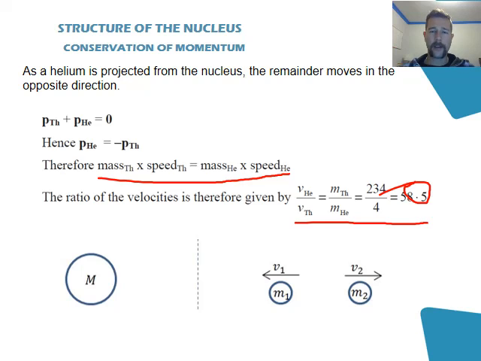Now if we remember our kinetic energy formula, K equals half mv squared, now the v, being velocity, plays an important part, and as the velocity of the helium is a lot greater, the kinetic energy of the helium is a lot greater than the thorium.